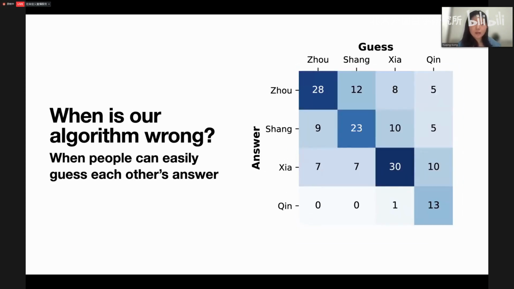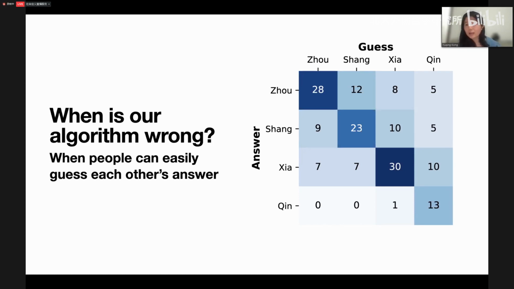One thing I want to talk about is, when is our algorithm wrong? Our algorithm is wrong when people can easily guess each other's answers. This happens when we ask about something like Chinese dynasties. In that case, people can easily predict what others will answer, even though they don't know the correct answer.